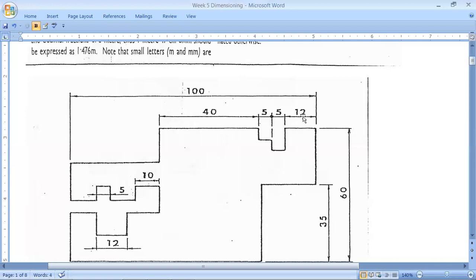You leave 10 millimeter from here to here, and another 10 millimeter from here to here. Or you can say 12 from here to here, 12 from here to here, or 13 and 13. The important thing is that the distance you use from here to here, you try to maintain the same from here to here. Nothing in this drawing should be different.